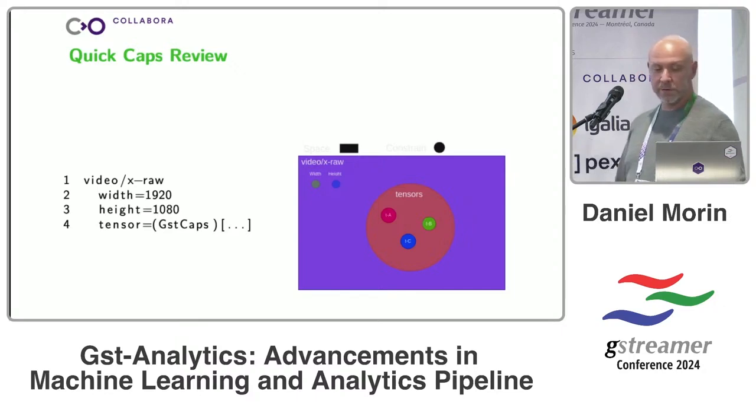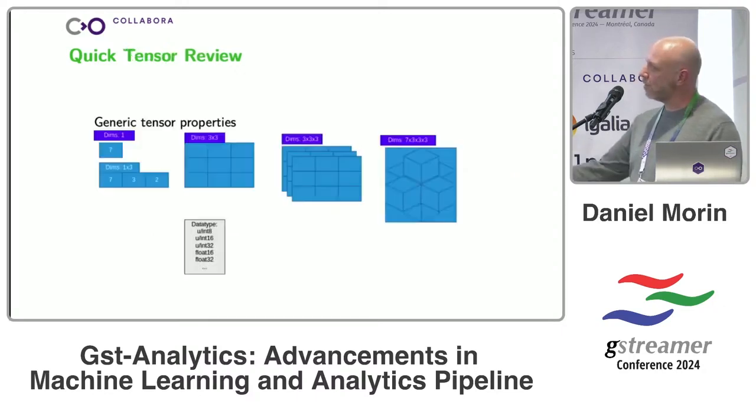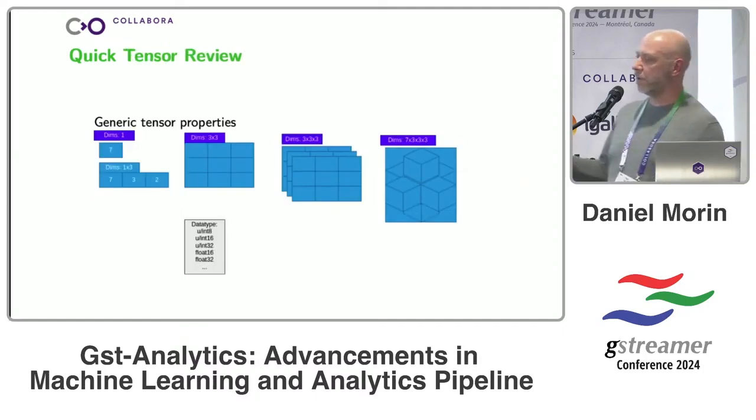I'll do a quick review of what a tensor is. We don't actually call them this in GStreamer, but we see them quite frequently. In its simplest form, it's a scalar, then a vector.